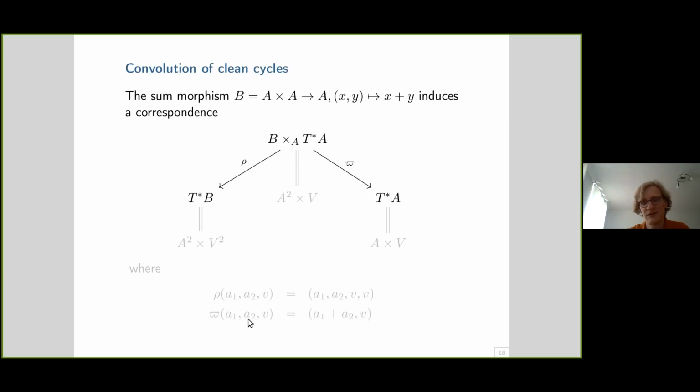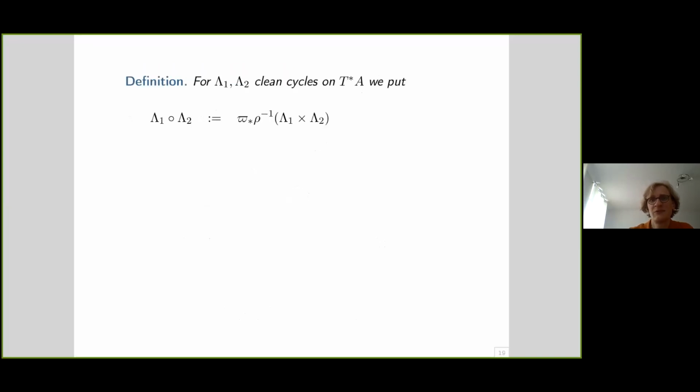So (a1, a2) goes to a1 plus a2. So this is a very explicit correspondence. And then, of course, when you have a cycle on T star of A times A, you can take the push forward to a cycle on T star A by taking first the rho pullback and then the pi push forward. So this is how you define the convolution product on clean cycles.